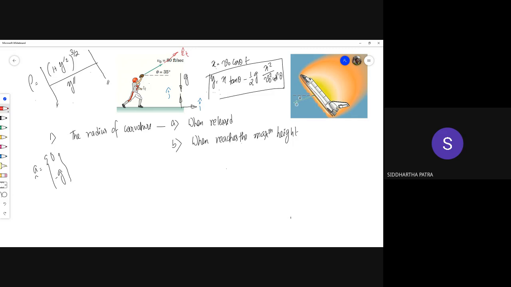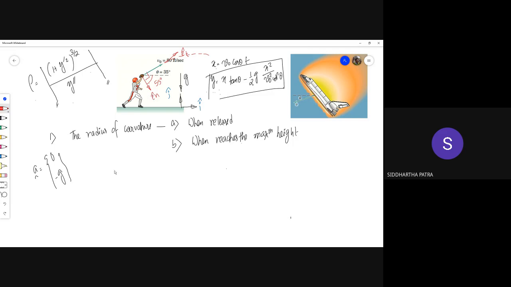Since the path would have a curvature towards the right, en, the unit vector along the normal direction, would be this one, making 90 degrees with the velocity, so essentially making an angle of minus 55 degrees with the horizontal axis.